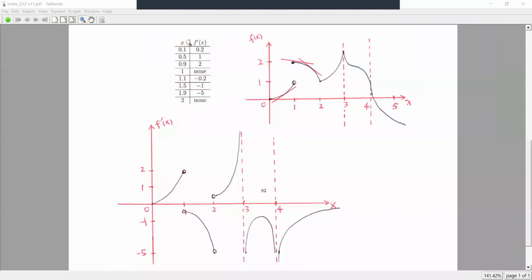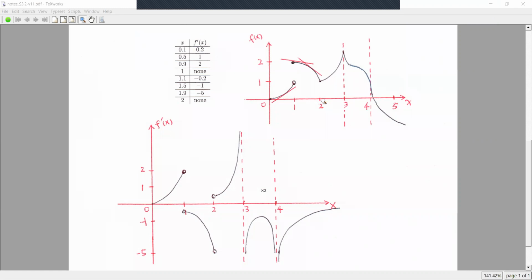To sketch the graph of the derivative function between 2 and 5, I use inspection. I sketch the graph piece by piece. The first piece is from 2 to 3. Between 2 and 3, all the tangent lines have positive slopes.